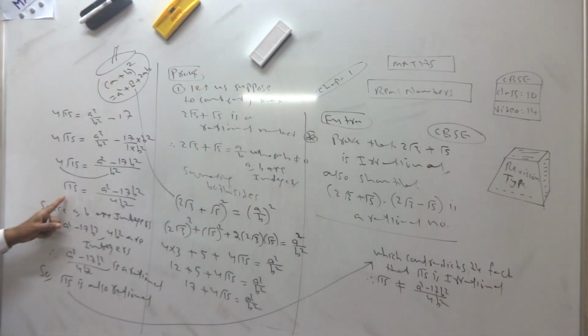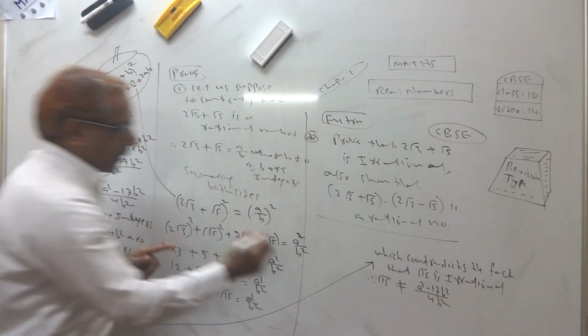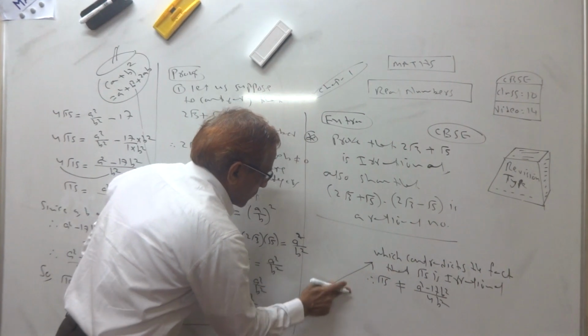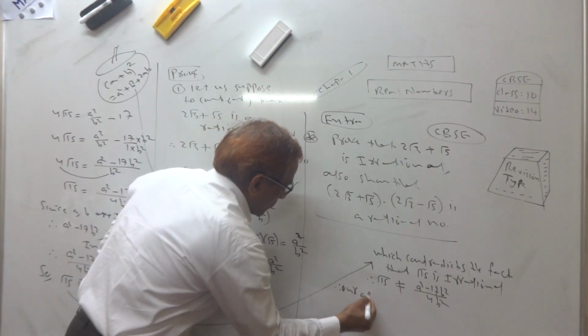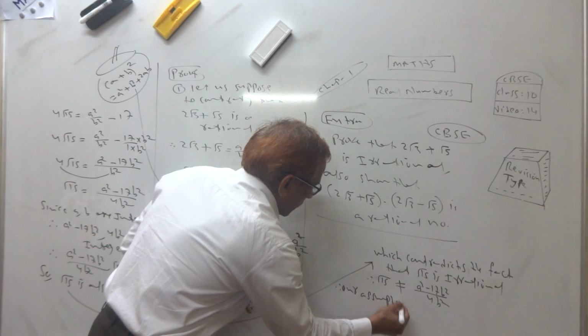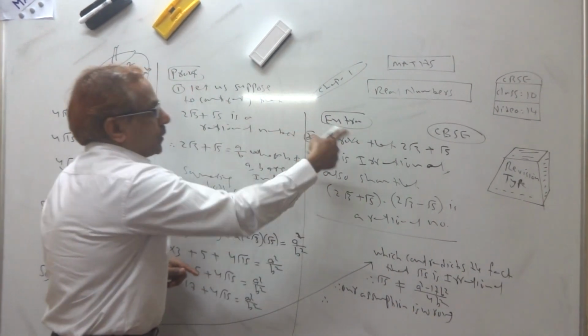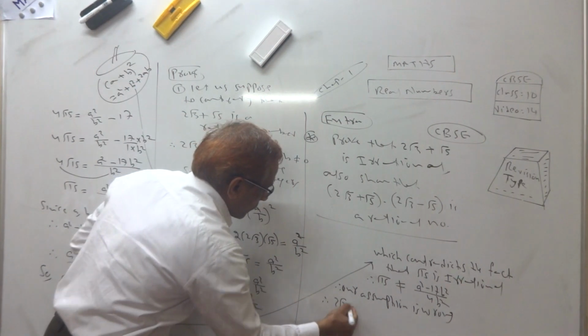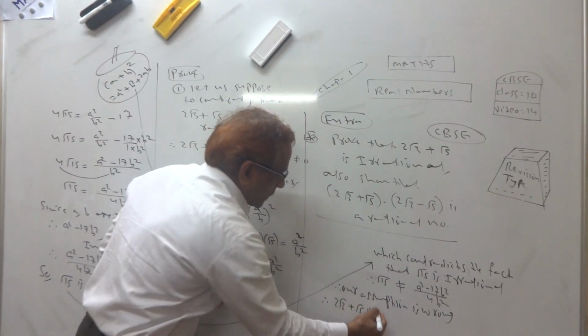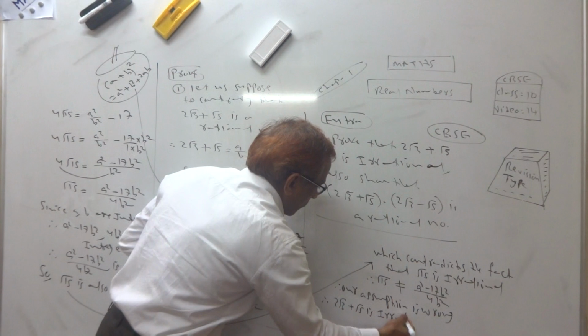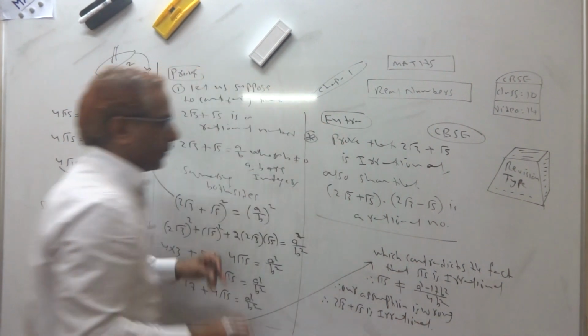Both are not equal. Therefore, our assumption is wrong. What we write finally? Our assumption is wrong, and 2 root 3 plus root 5 is irrational only. So we completed the first bit.